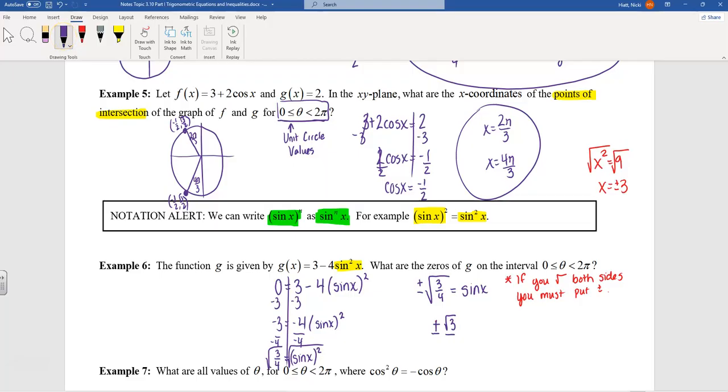Square root of 4 is 2, and that 2 will no longer be under the root because I've taken the square root of it. Do I have square root of 3 over 2 on my unit circle? Yes. Because I've got that plus or minus, I am looking for anywhere sine is positive root 3 over 2 or negative root 3 over 2.